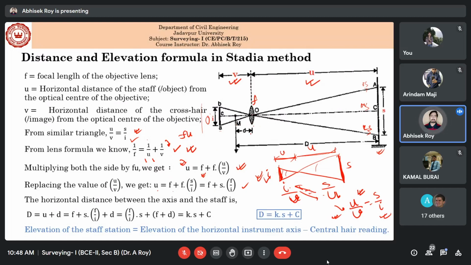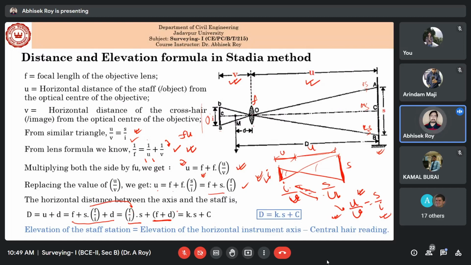And how will you calculate that? The small u value you have calculated, you will replace that one, that is F plus S into F by I, plus d. Here this equation you can write as F by I into S, this part, plus F plus d, that part in the bracket.